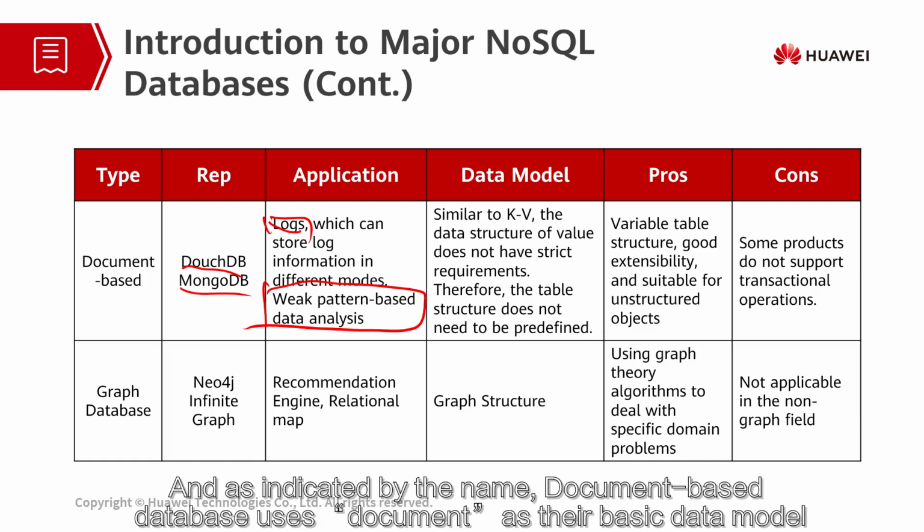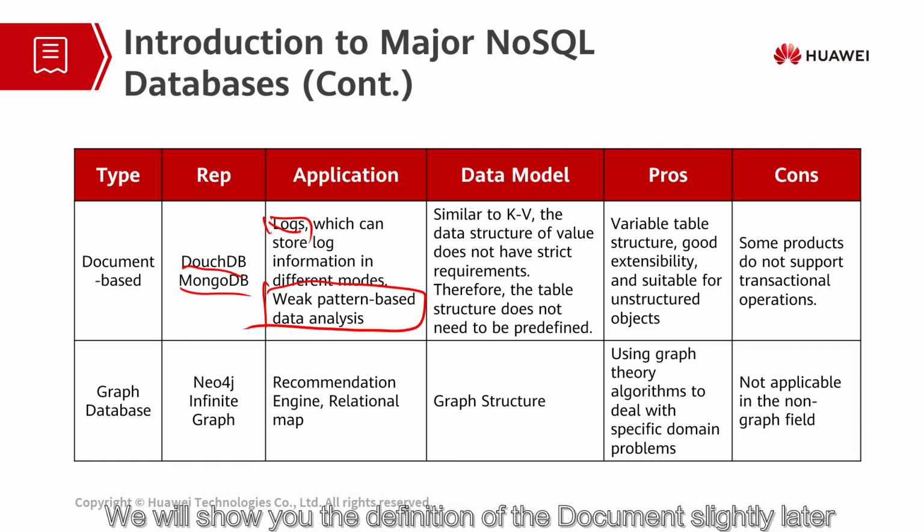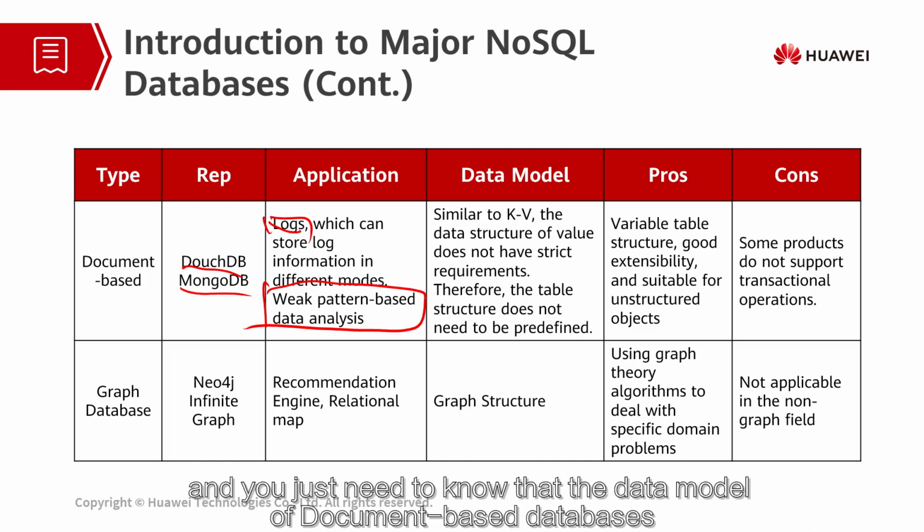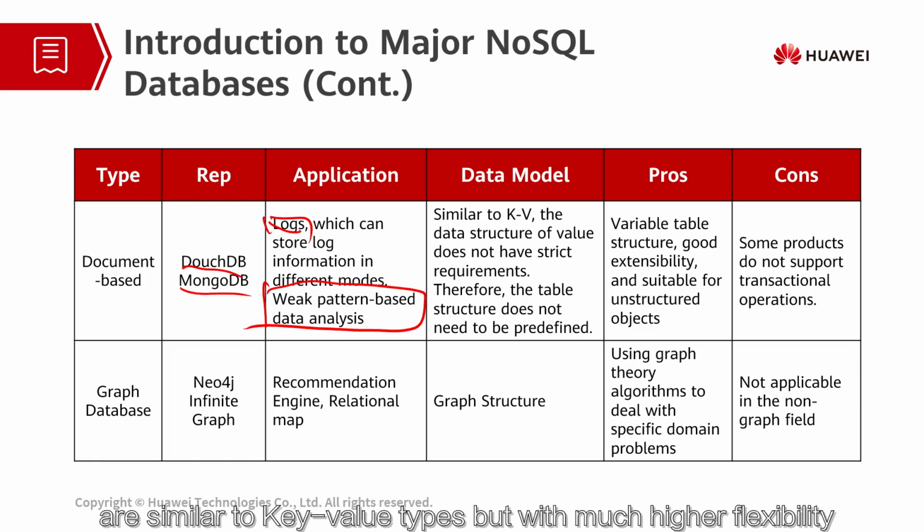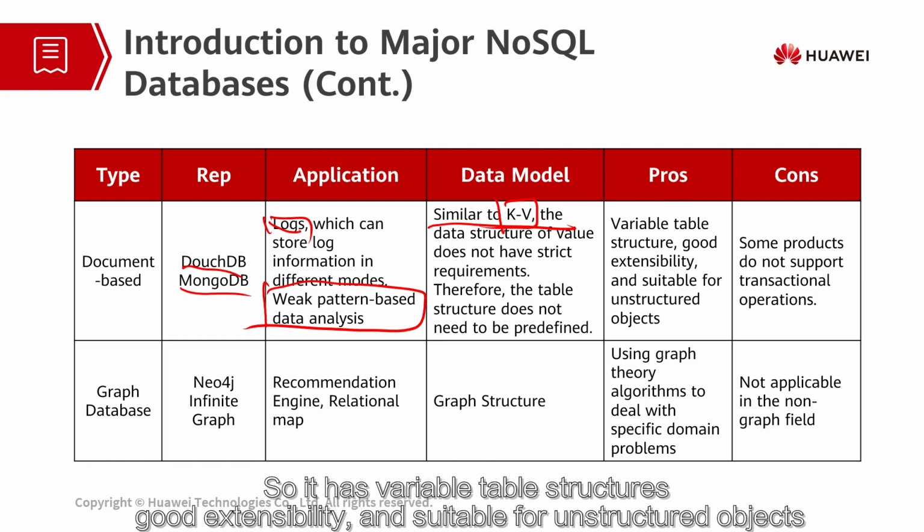And as indicated by its name, document-based databases use document as their basic data model. We will show you the definition of the document slightly later. And you just need to know that the data model of document-based databases is similar to key-value types, but with much higher flexibility. So it has variable table structures, good extensibility, and is suitable for unstructured objects.